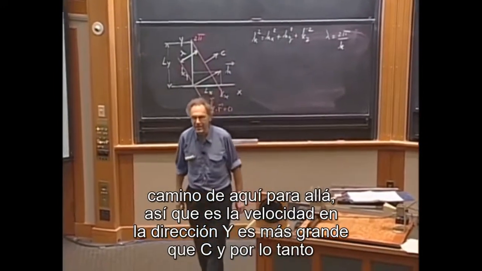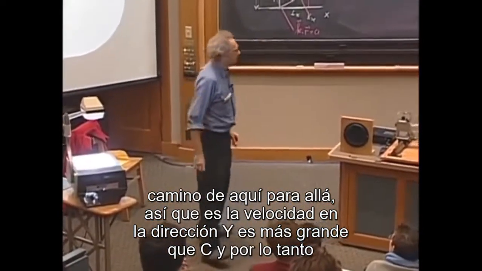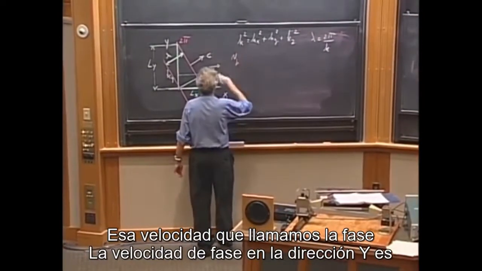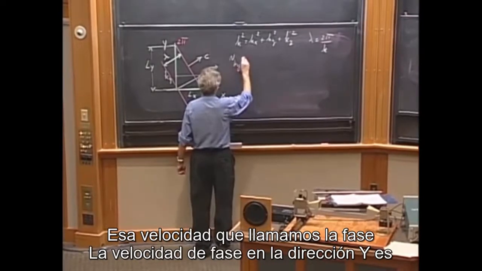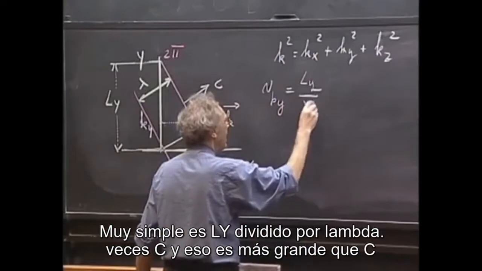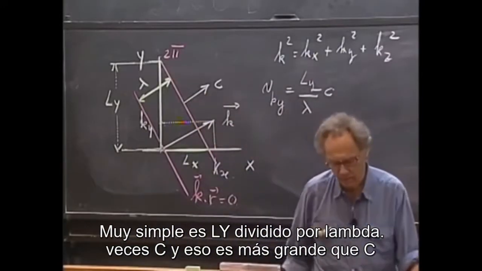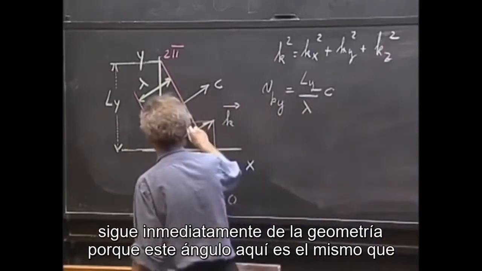All the way from here to there. So its speed in the y direction is larger than c. And so that speed, which we call the phase velocity in the y direction, is very simple, is Ly divided by lambda times c. And that is larger than c.